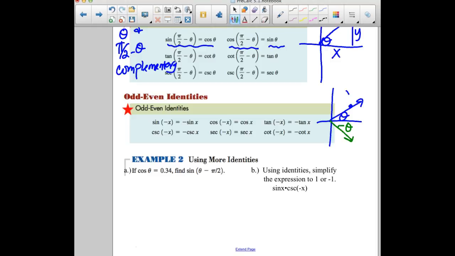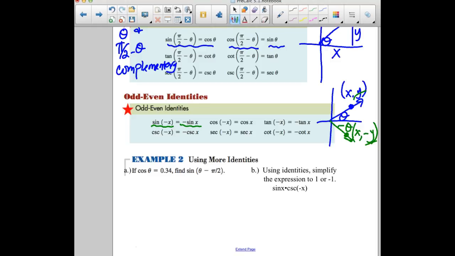If we call this our point x, y, in the next quadrant down, if we reflect that over, our x stays the same, but our y is negative. Okay, so the sine of the negative angle is the opposite value of the sine of the original. So we went from having a positive y here to having a negative y.